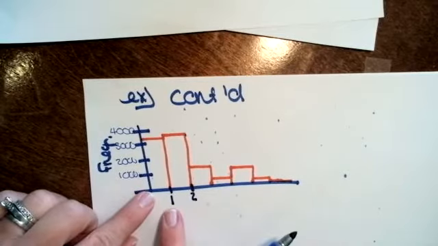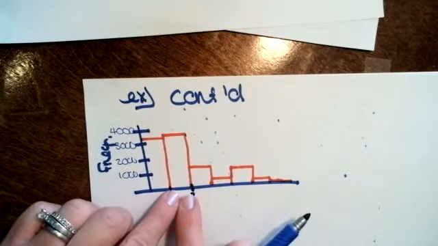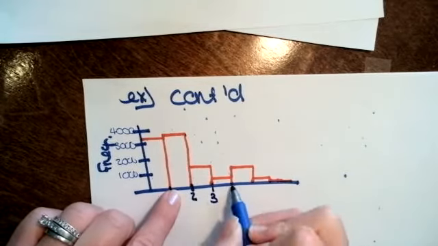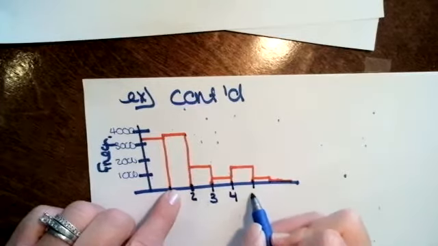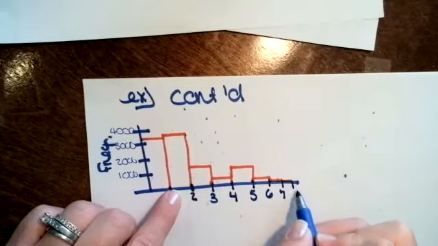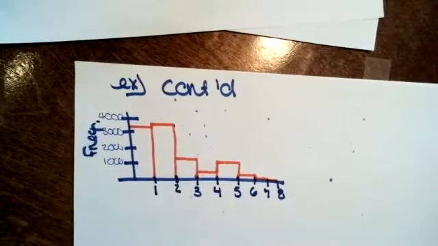So this first bar goes from 0 up to 1, not including 1. This starts at 1 and goes up to 2, not including 2, okay? And that's how we label these. It's a range. My last 2 bars aren't the same width. That's all right. We get the idea, okay?